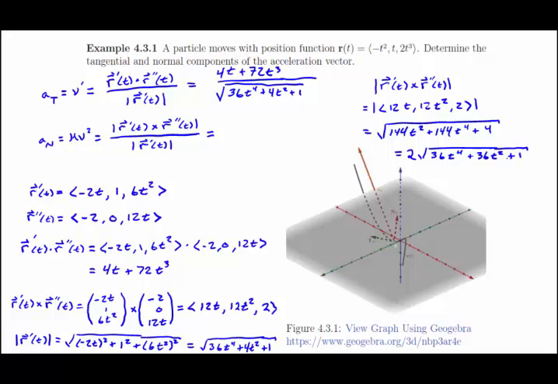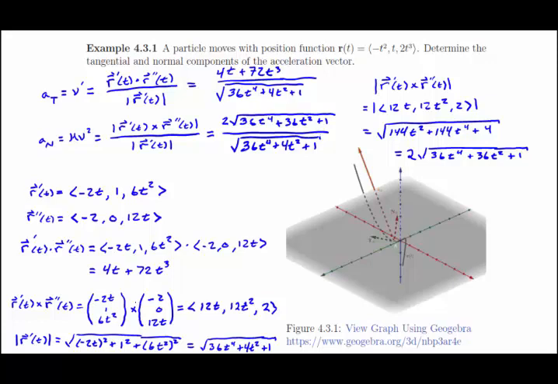Okay, so I can take that and plug it in for the numerator of my normal component. And the denominator, again, is the magnitude of r prime of t, so the square root of 36t to the fourth plus 4t squared plus 1. And that's it. That's all that we're looking for in this.